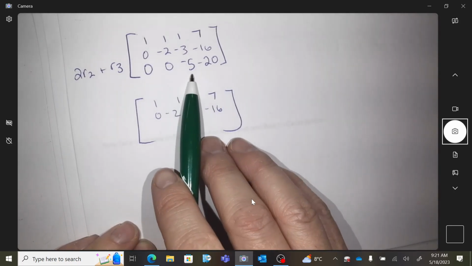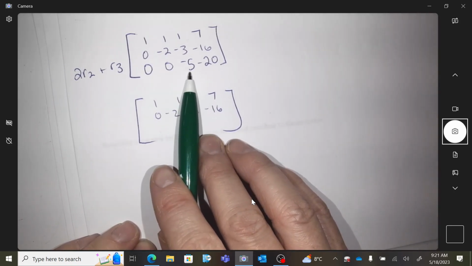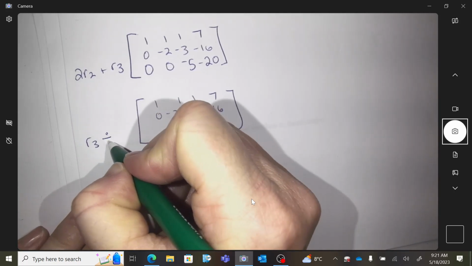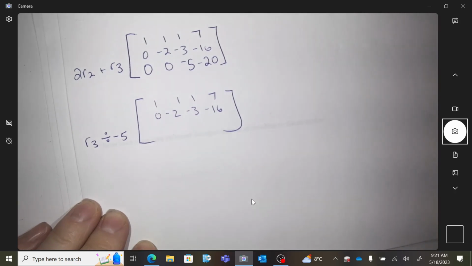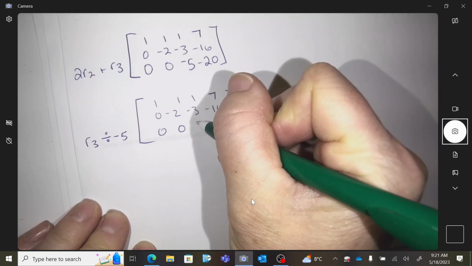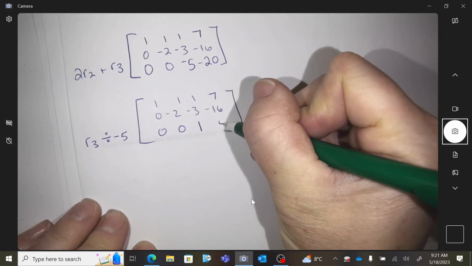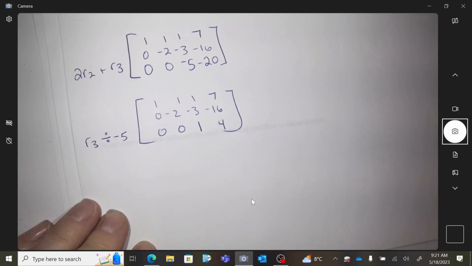Okay, I need to make this a 1. So I would do row 3 divided by negative 5. So 0, 0, 1, and then a 4.